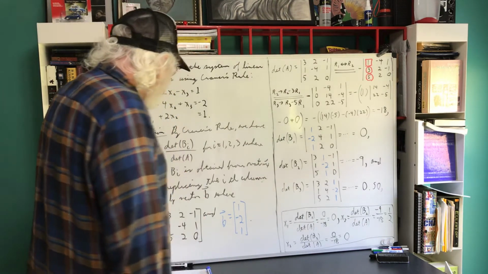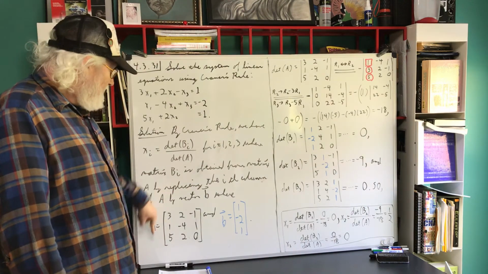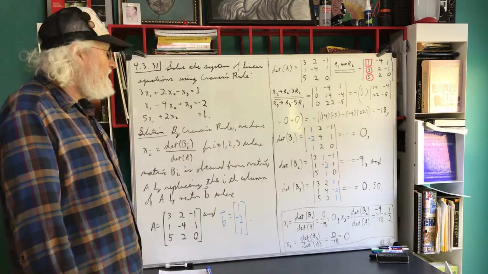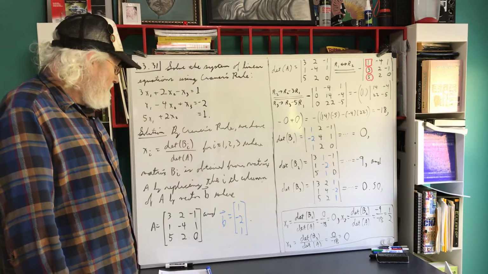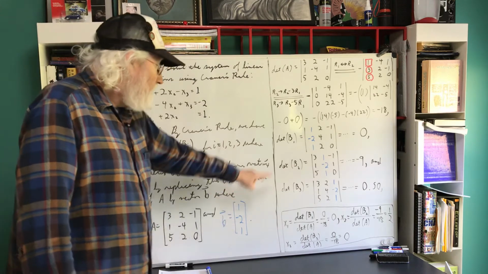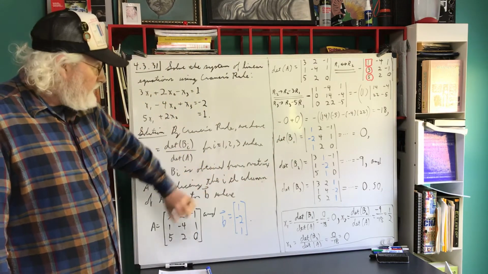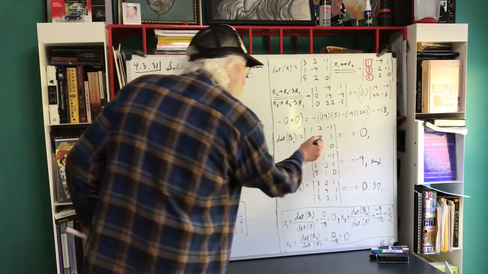Matrix B sub i should be obtained from matrix A by replacing the ith column of A by column vector B. So matrix B sub 1 should be 1, negative 2, 1 as the first column, and the second and third columns the same as matrix A. So it looks like we got a little typo here.